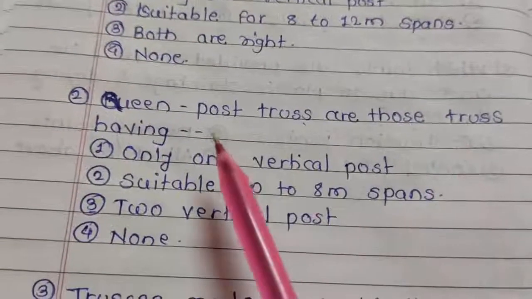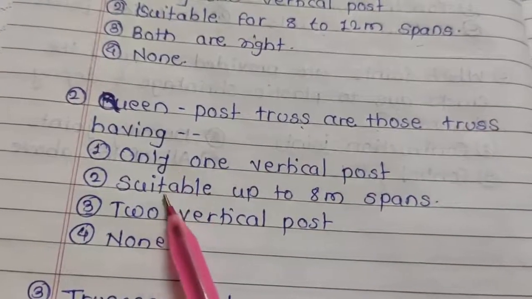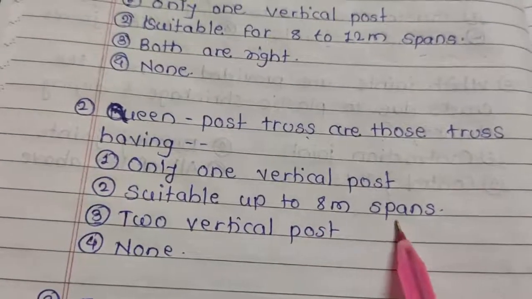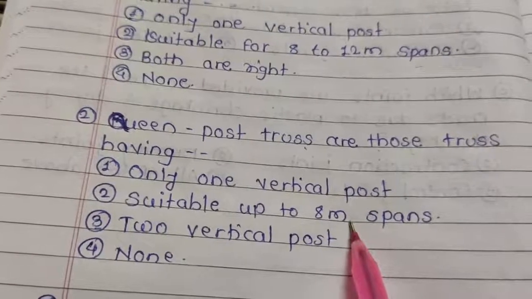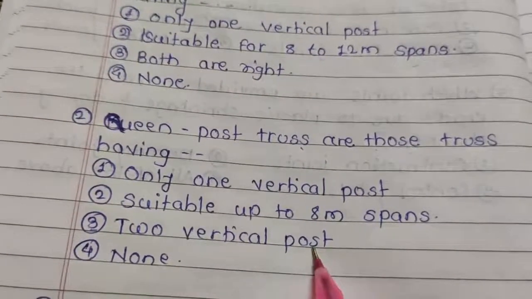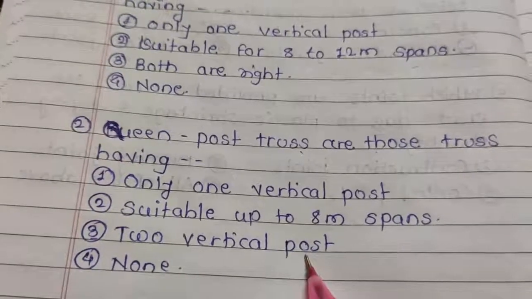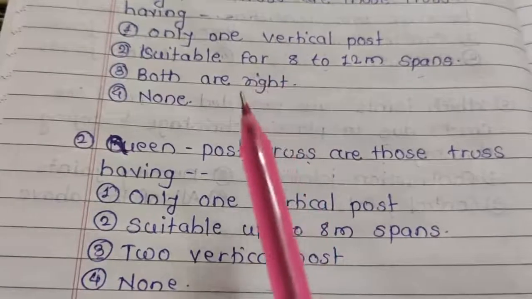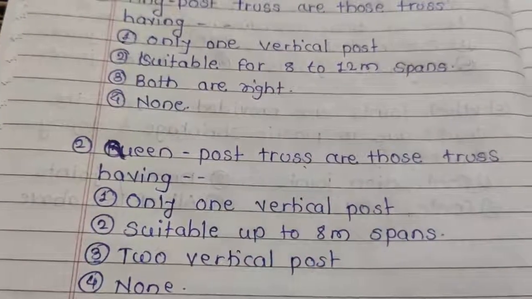Now, queen post truss are those truss having suitable up to 8 meter span? No, this is a property of a king post truss. Queen post truss has 2 vertical posts, and king post truss only 1 vertical post.